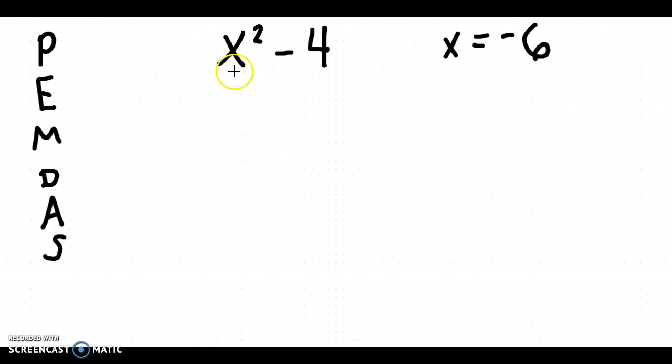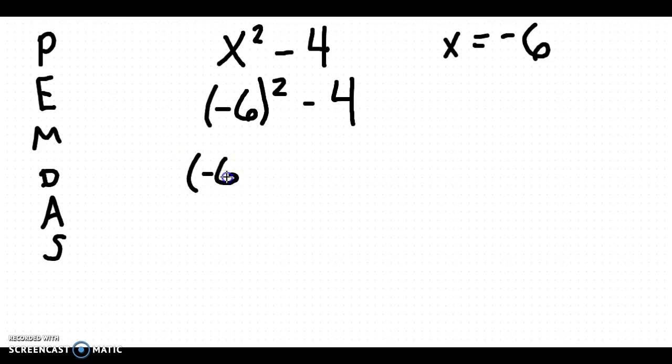So let's go ahead and put negative 6 in for x, meaning it's negative 6 squared minus 4. Just like we would multiply x by itself, 2 times, x times x, we're going to do negative 6 times negative 6, still keeping the minus 4.